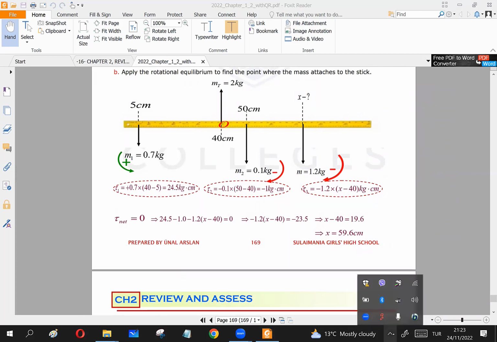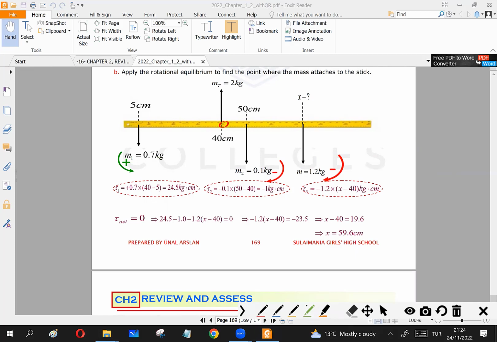Just like applying rotational equilibrium with force, but I'm going to do it with mass only. You can convert them to force again, but it's going to be a very long solution. Mathematically, if all are mass, it's okay, or if all are force, it's okay. So I am not going to convert all these masses to forces. I will continue with just the masses.